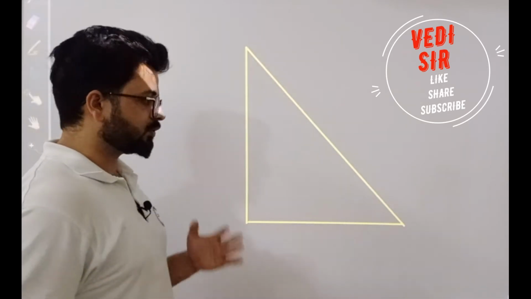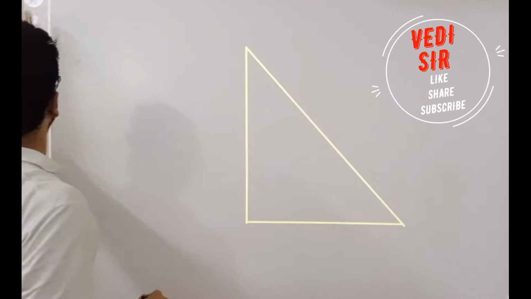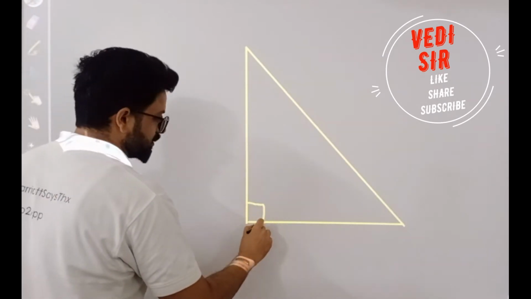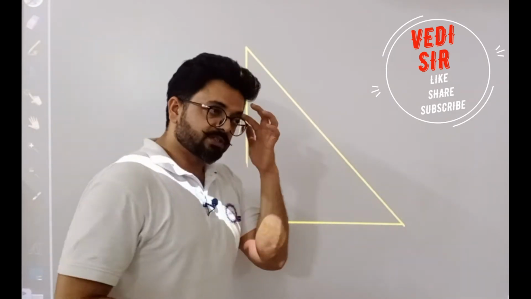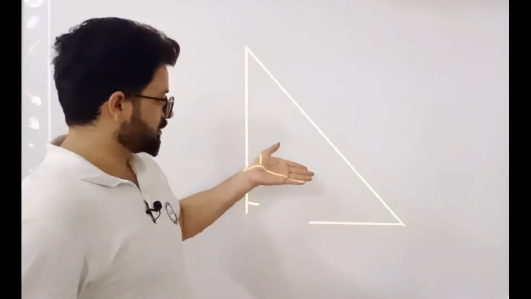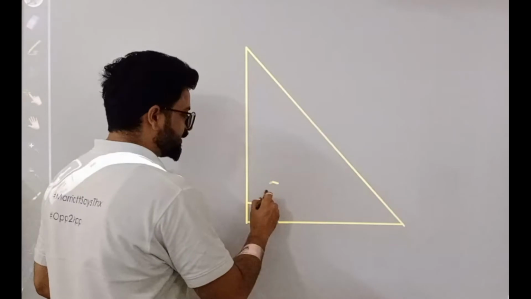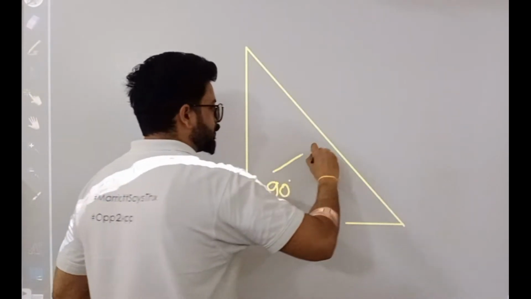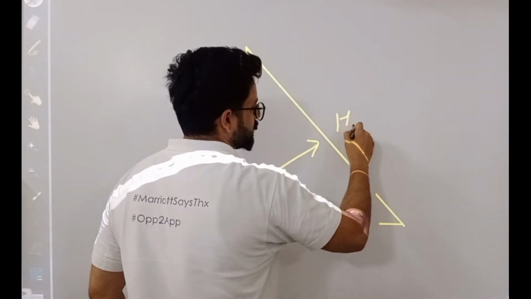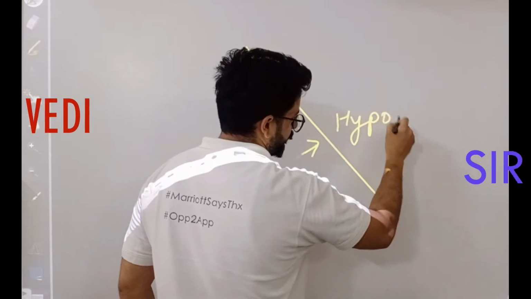Always, in a right angle triangle, one thing comes to our mind: which side is base, which side is perpendicular, and which is hypotenuse. For hypotenuse it is fixed that opposite to the 90-degree angle, this is the 90-degree angle, and opposite to this is always hypotenuse. First thing.